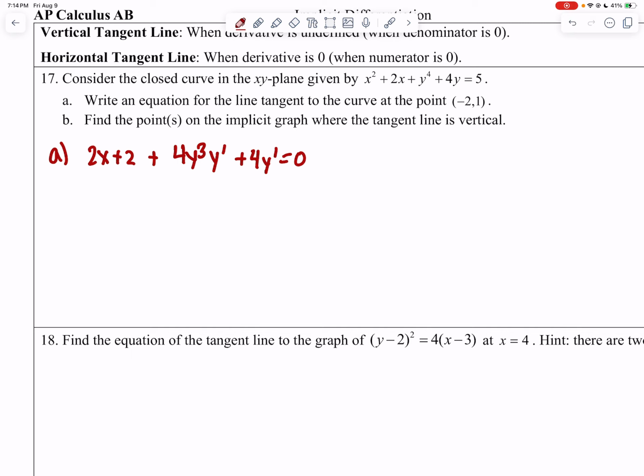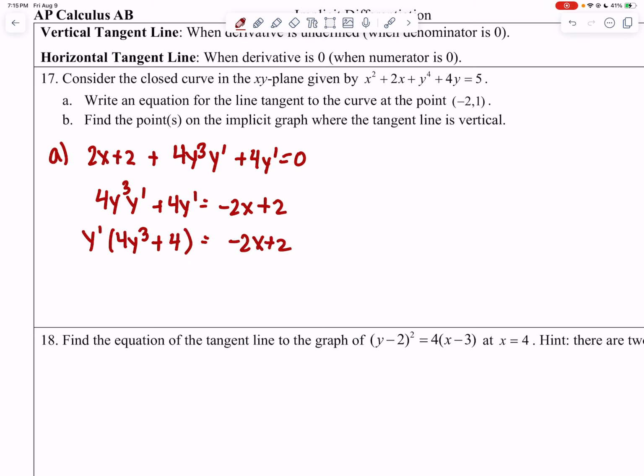So I'm going to move the 2x and the 2. I'm going to factor out a y prime. And then I'm going to divide by 4y cubed plus 4. That's going to give me my y prime.